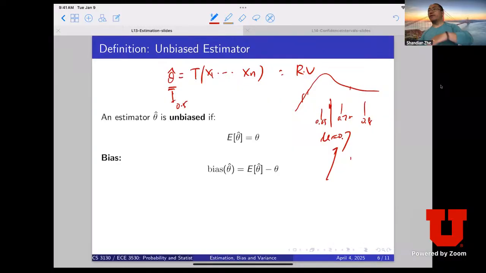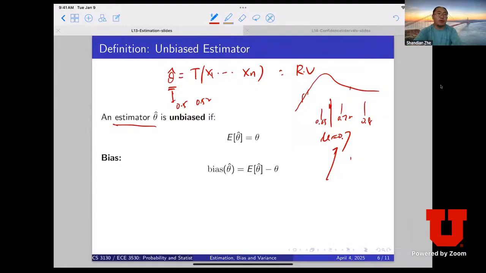When you do another round of experiments, that means you collect the values for x1 to xn, and then you calculate your estimator, you probably get another value like 0.52, right? So in essence, the estimator itself is also a random variable. It is not deterministic.